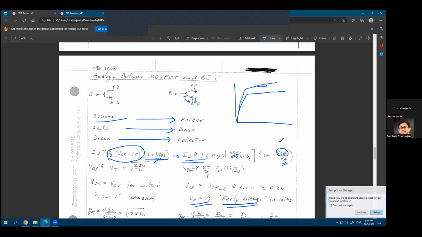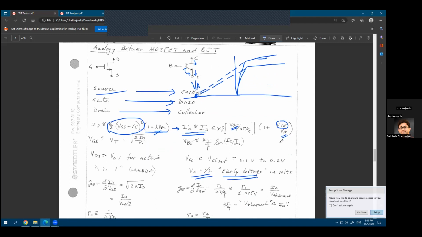What Early voltage signifies is that if you extend these curves to the left-hand side, they will cross at a certain point, which is called your Early voltage, VA. So they mean the same thing: this was 1 plus lambda VDS, and this is 1 plus 1 over VA times VCE, but VA is called your Early voltage, which is nothing but your 1 upon lambda for your MOSFET analogy.